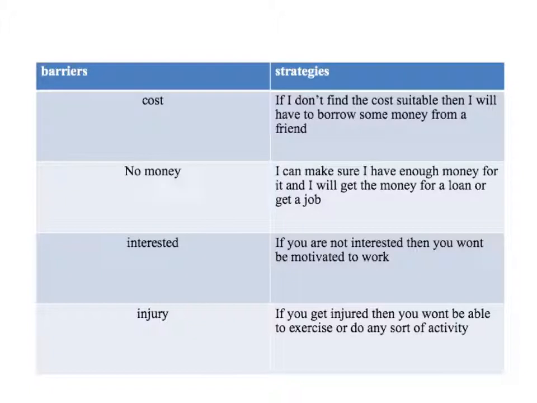On this slide, you're going to look at your personal barriers to exercise and the strategies that you might use in order to overcome them. On the last 2 slides, you've dealt with general barriers and general strategies. This slide is all about you and the barriers you will face and the strategies that you will use to overcome them.